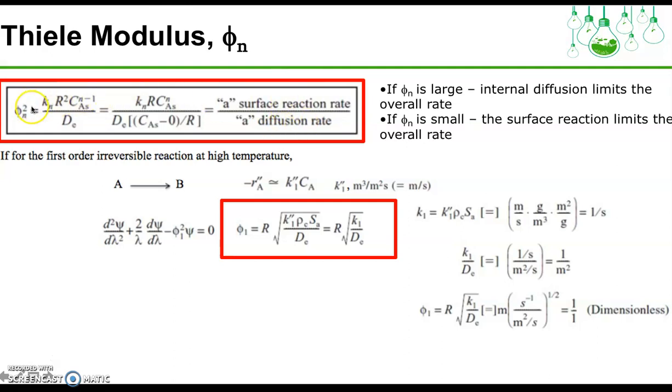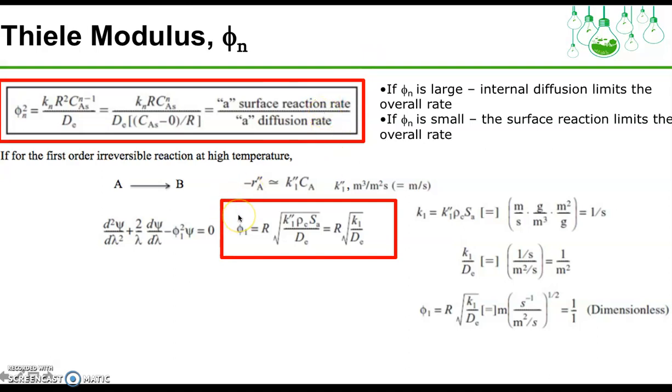If your Thiele modulus is large, it means internal diffusion limits the overall rate of reaction because your diffusion rate is small, and your kR is very high compared to your kC. But if your Thiele modulus is small, the surface reaction limits the overall rate of reaction.